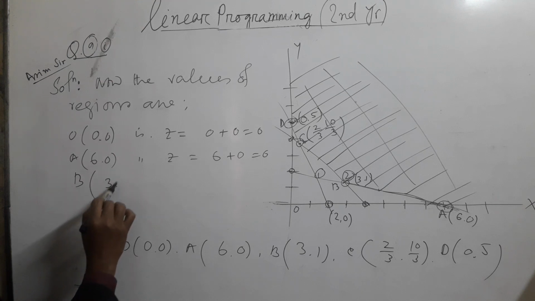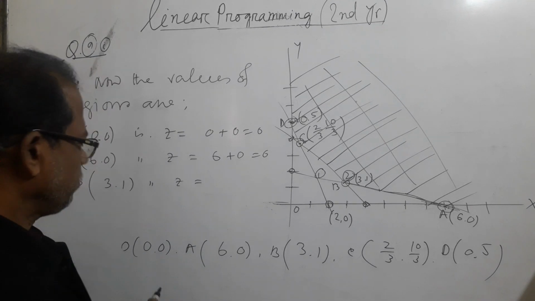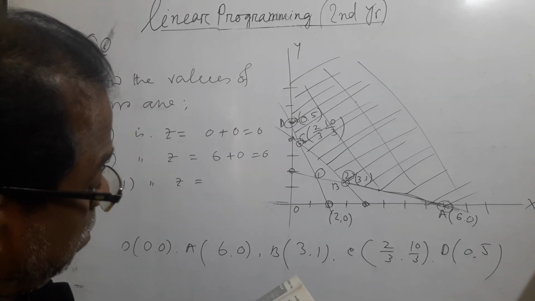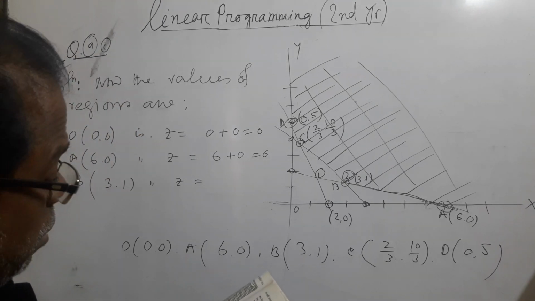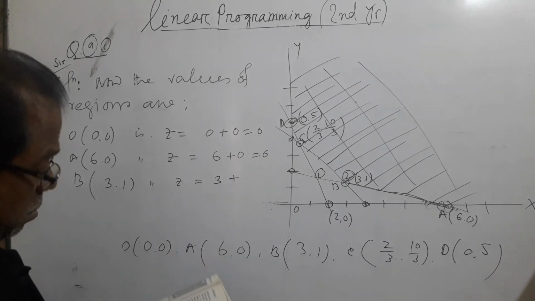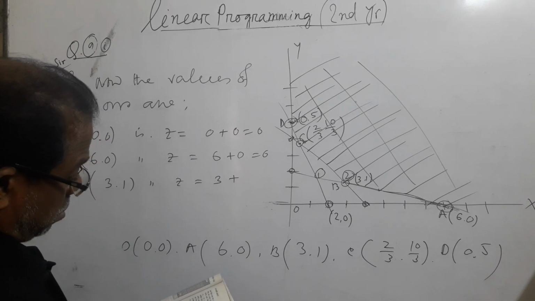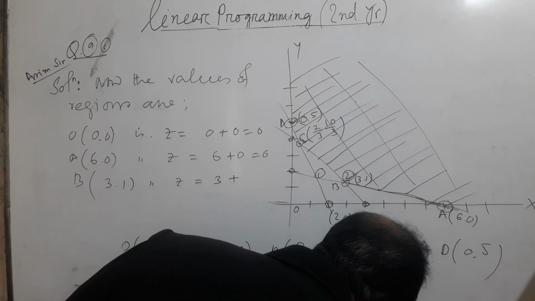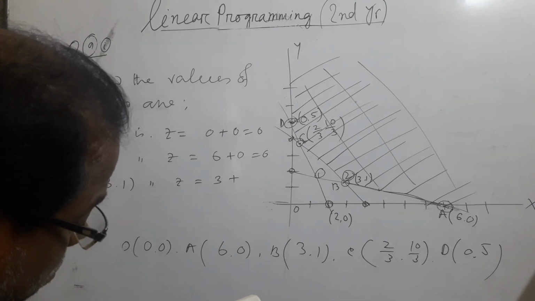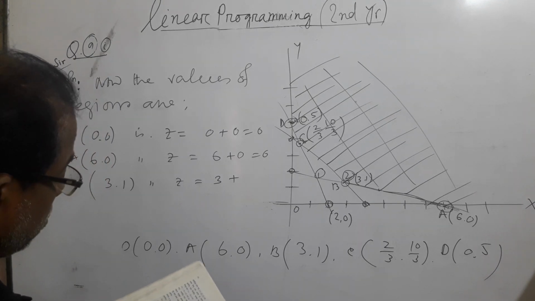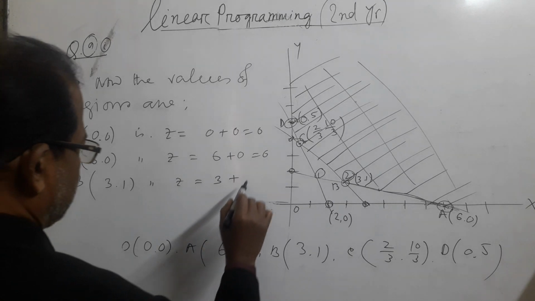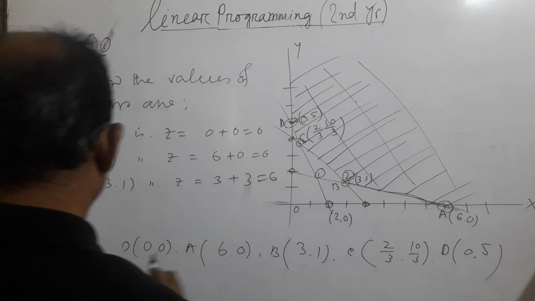B is 3, 1, z equal to 3 plus 3 equal to 6.